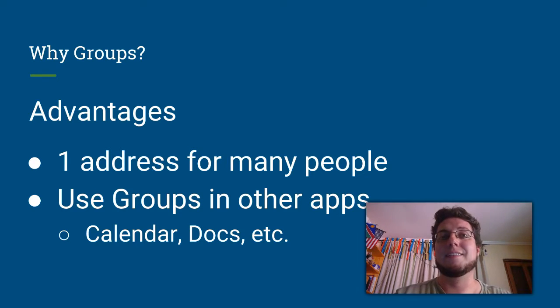And what I love about it is that when you share it with a group, if someone is added to the group, they immediately get access to those things without you having to share that document with them directly. If they're taken out, they also lose access, which is pretty darn convenient. We're not going to talk about how to do that today. That's for another guide. But when we get there, you'll see exactly how to do it, and it's great.